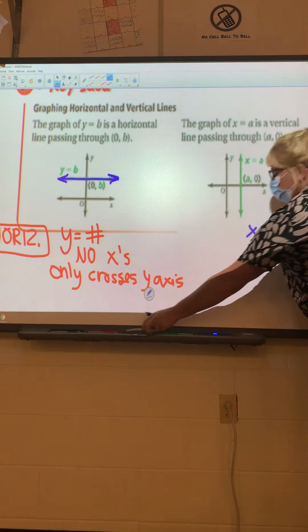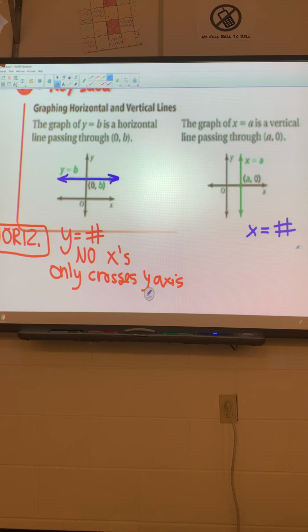And in the opposite case, if you only have an x equals the number, so like x equals 3, and they're saying graph this, you don't see any y's in the equation. This is going to be a vertical line.